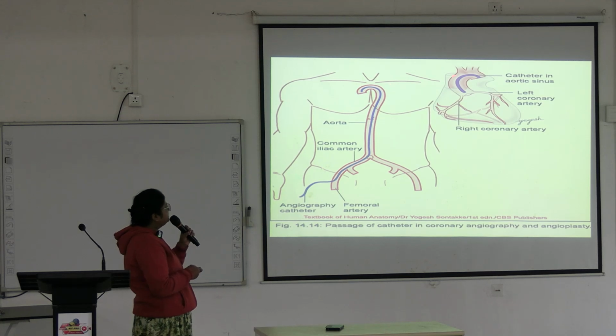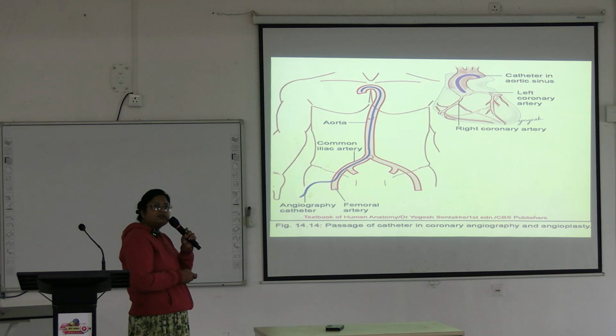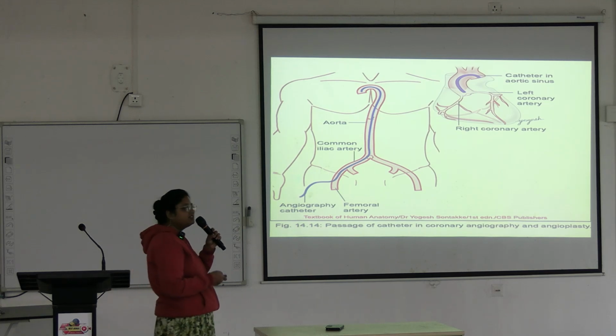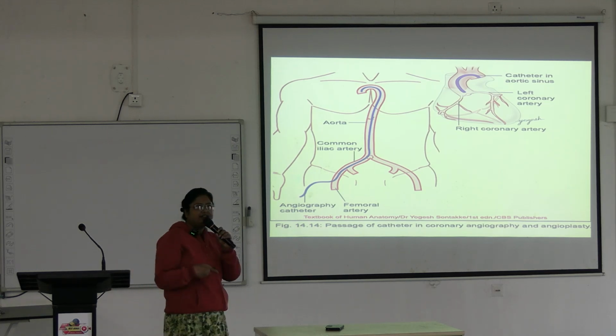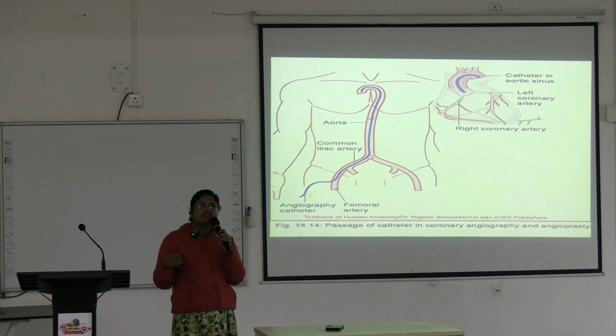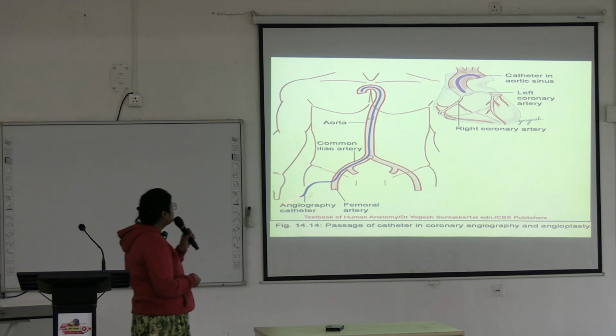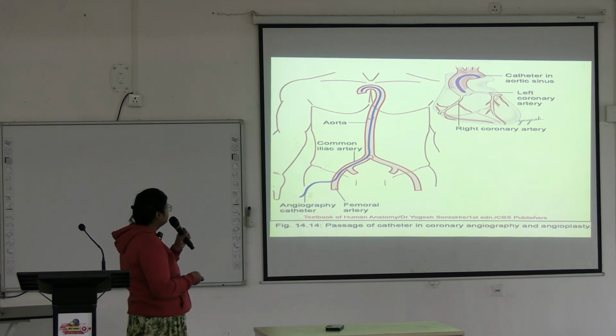The catheter is pushed through here and the dye is pushed into these arteries. Okay, catheter in the aortic sinus, and it will push the dye through the opening of the coronary arteries to visualize the arteries, and if there is blockage, you cannot see the rest of the portion of the artery. So this is the route of the catheter.